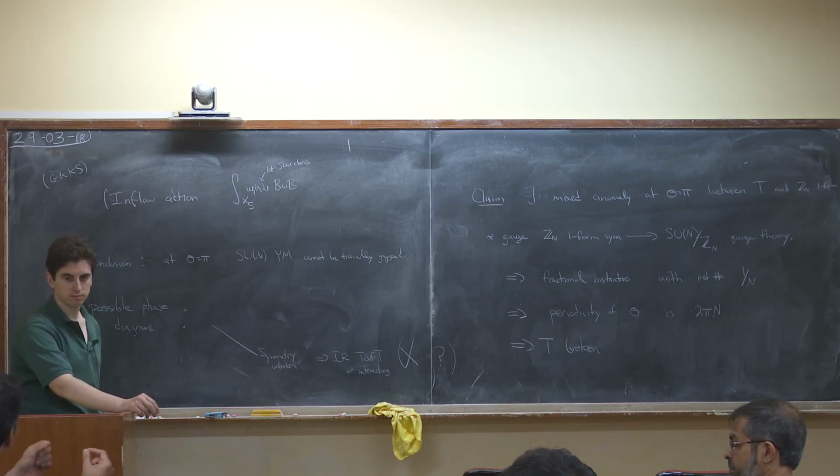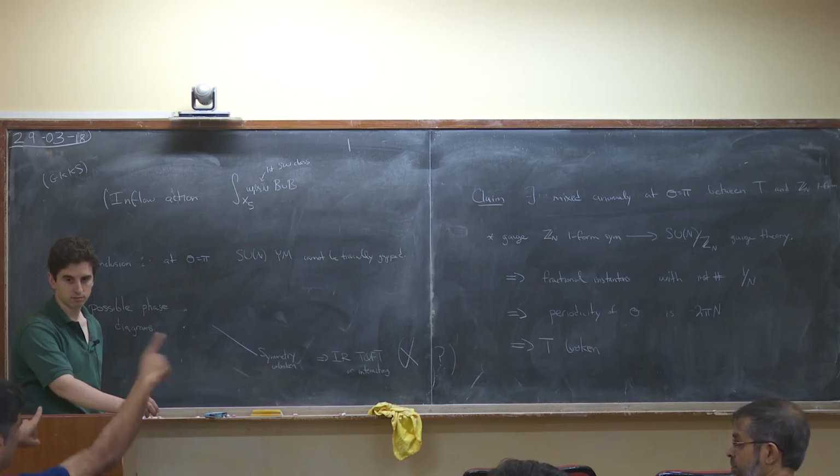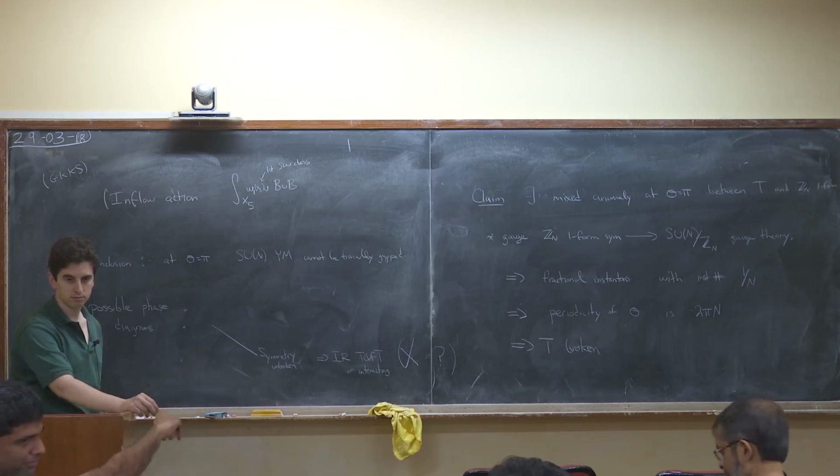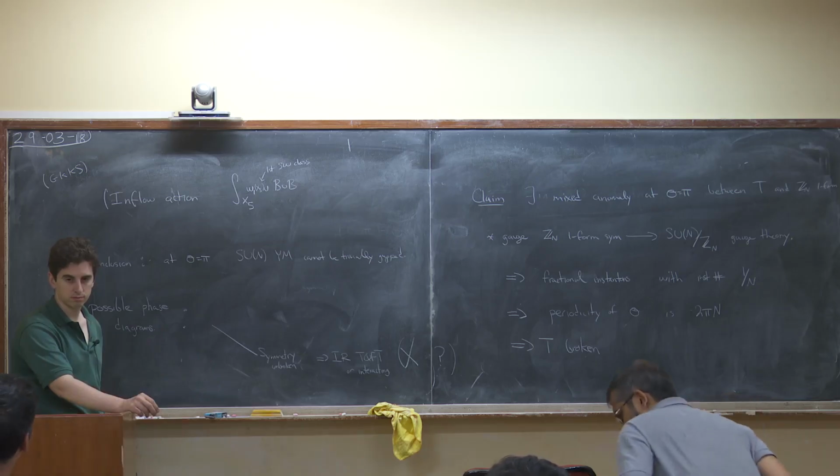His resolution was to say, suppose what's happening is that you've got some multi-valued function. Your potential in terms of theta was a bunch of potentials that look like this.